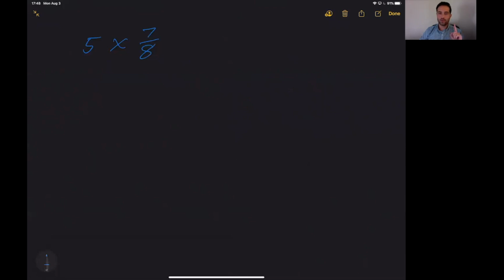In math, we cannot just say, I don't really like this number, I'm just going to change it. We can't do that. But what we can do is rewrite it into a format that is the same value as the other format. Okay? So, check it out.